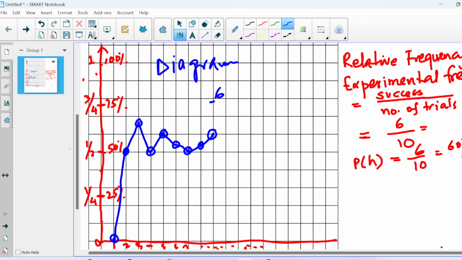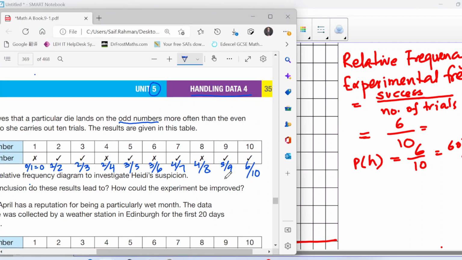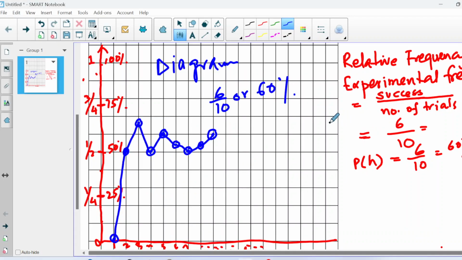6 out of 10 or 60%, it landed on an odd number. So that shows that Heidi's hypothesis was confirmed, that more than 50% of the time it is landing on an odd number.